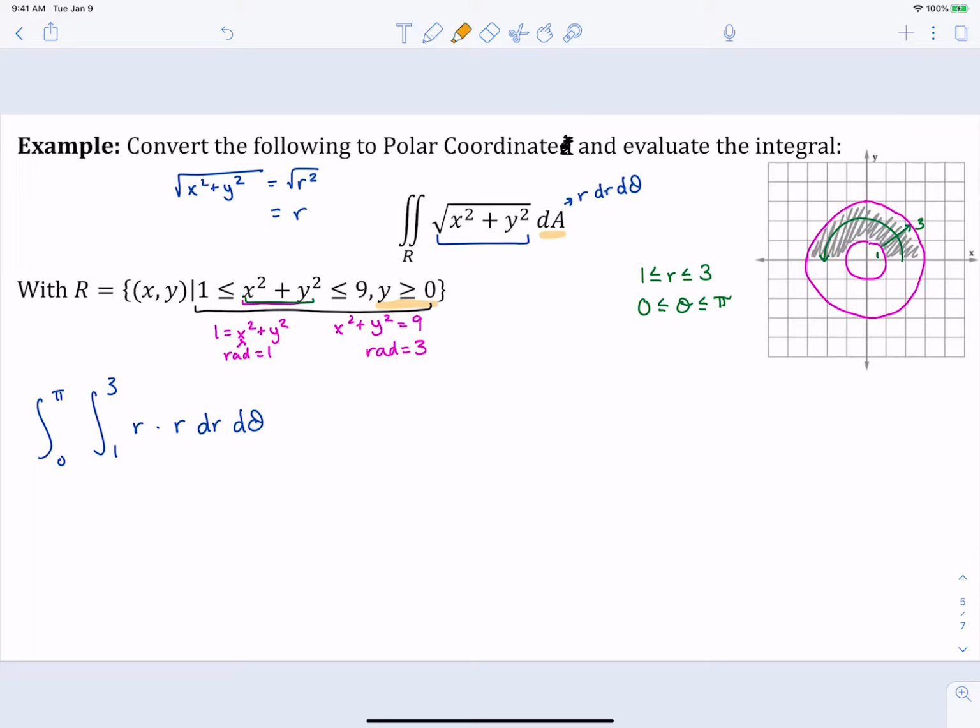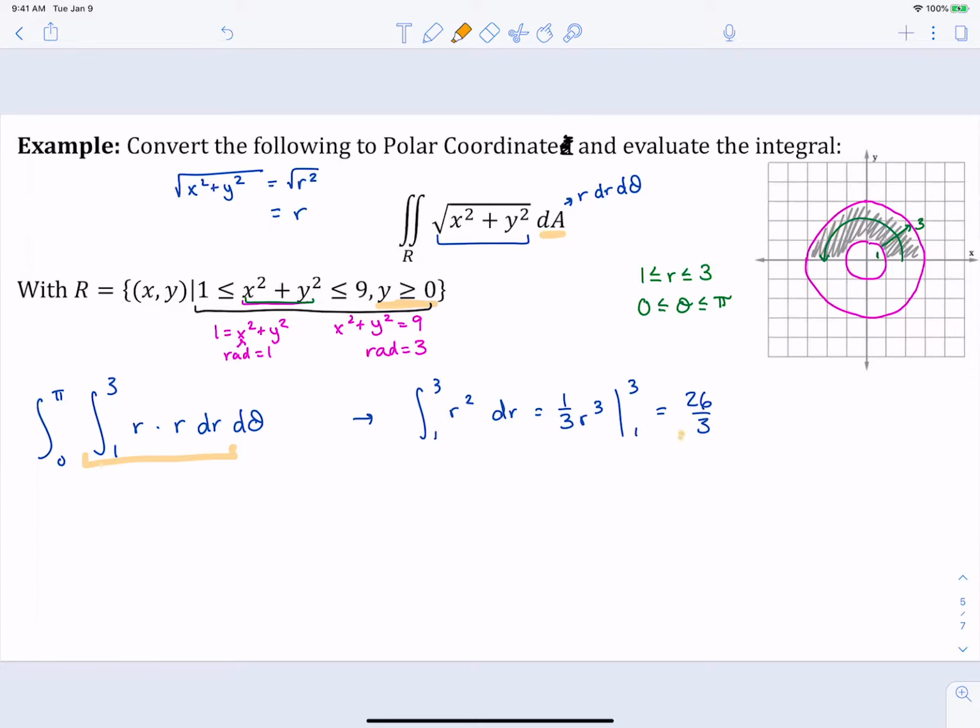And so again, I like to take that inside integral and go off to the side and compute it. So r times r is r squared. The integral of r squared dr is 1/3 r cubed from 1 to 3. I will save us a little bit of calculation. This is 26/3.